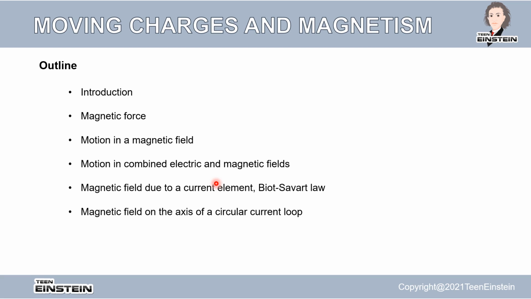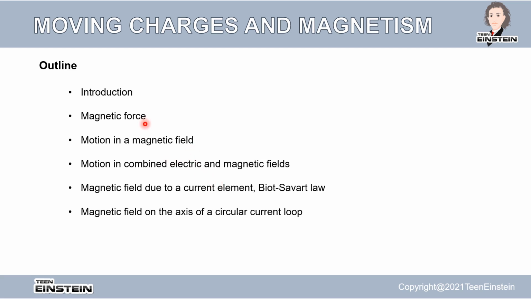Now, in the next step, we are going to see that when a charge is moving, it does not only produce an electric field, it also gives rise to a magnetic field. That's why moving charges produce magnetism also. In this chapter, we are going to see this topic in detail.